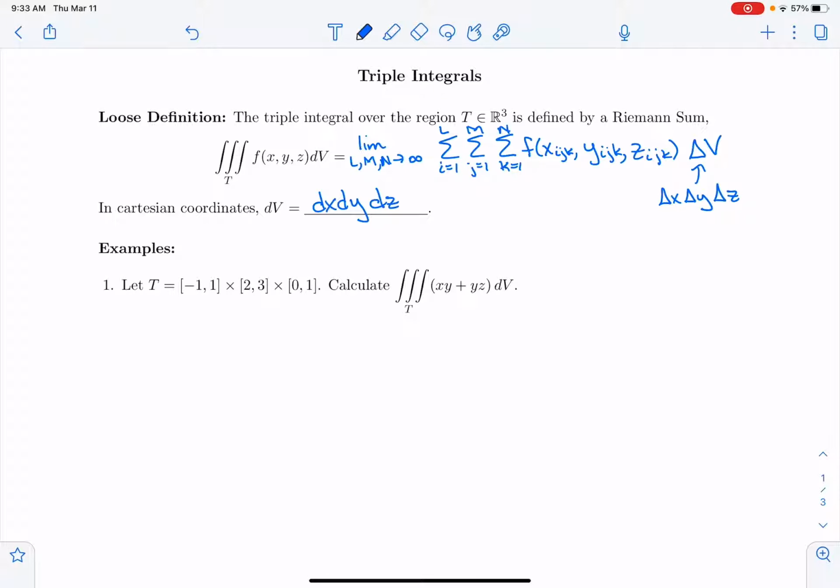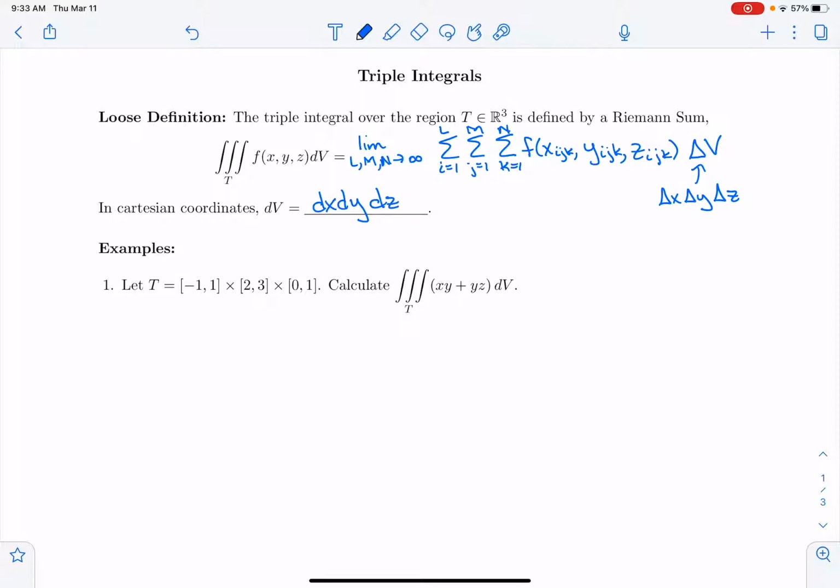And the idea here is that if we let the number of these little cubes go to infinity, that's letting L, M, and N go to infinity, then the sizes of those cubes have to get smaller so that delta x, delta y, and delta z are all going to 0. And so that the triple sum that you see there becomes a definite integral.